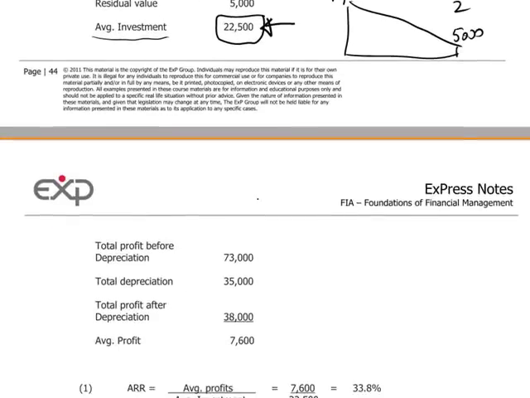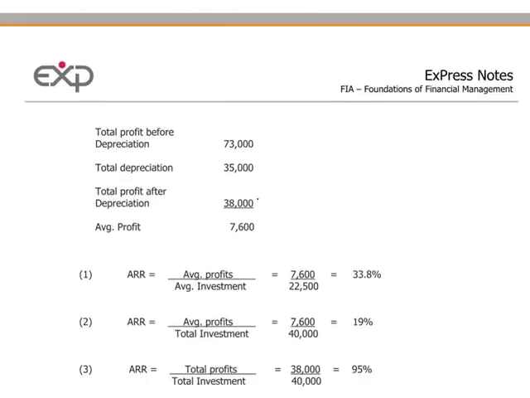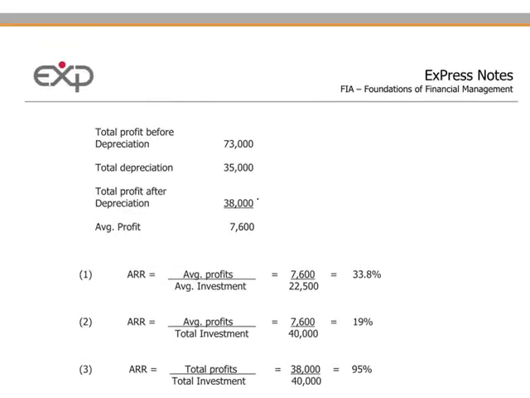Now if we just recalculate the accounting rate of return figures here. Total profits before depreciation 73,000. Total depreciation is 35,000. Now where does this number come from?